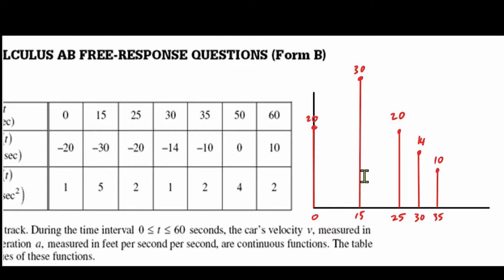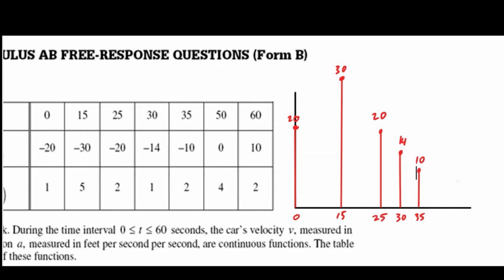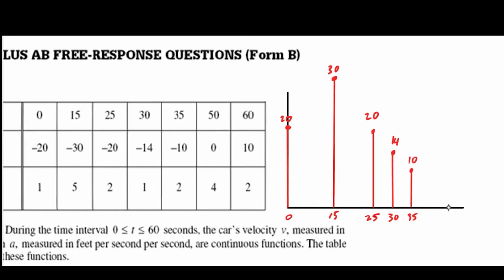Is anybody confused about how I plot these things? And these vertical lines come in handy, so I just keep drawing them automatically. And then after that is a jump of 50 and it's 0. 50 is a big jump, let's say it's here. Okay. And then 60 up to 10.